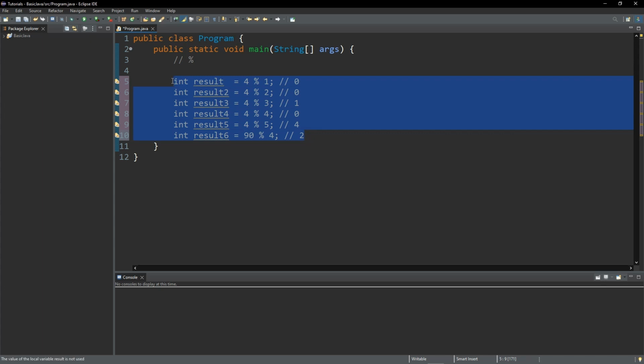Okay, hopefully this helps with understanding mod. Some uses of mod that you can have are, for example, finding an even number.